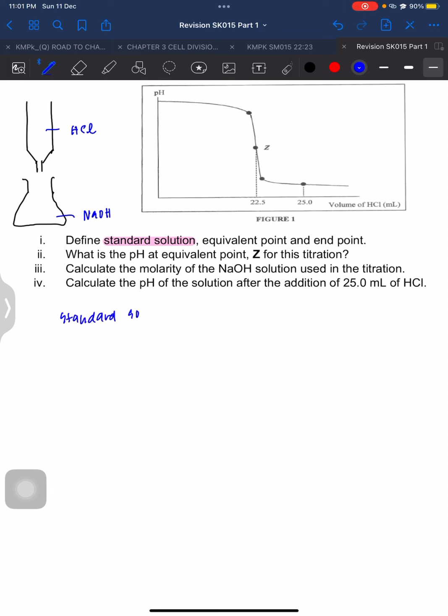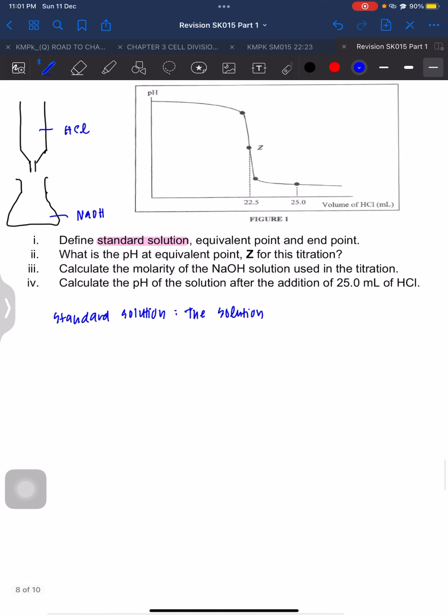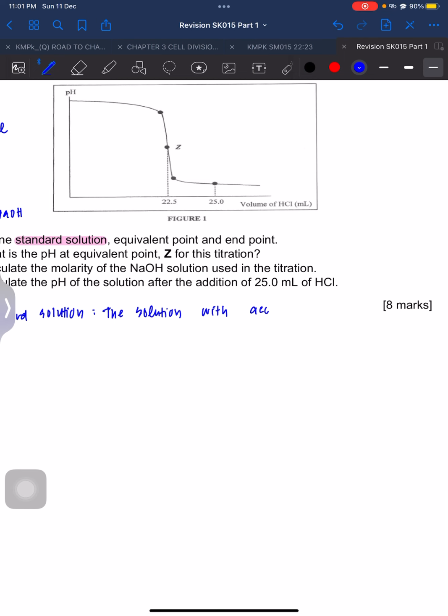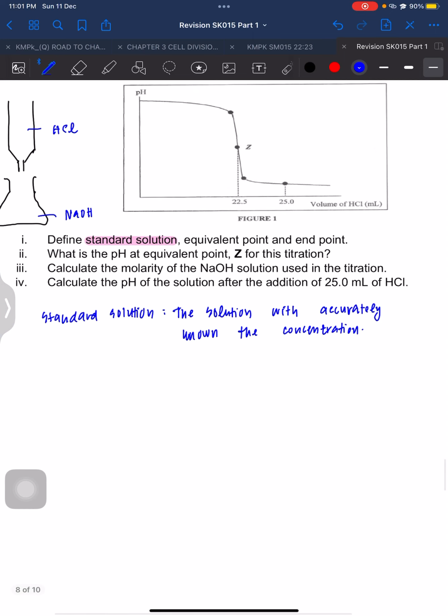Standard solution is the solution with accurately known concentration. That's it. Okay, that is the meaning of standard solution.